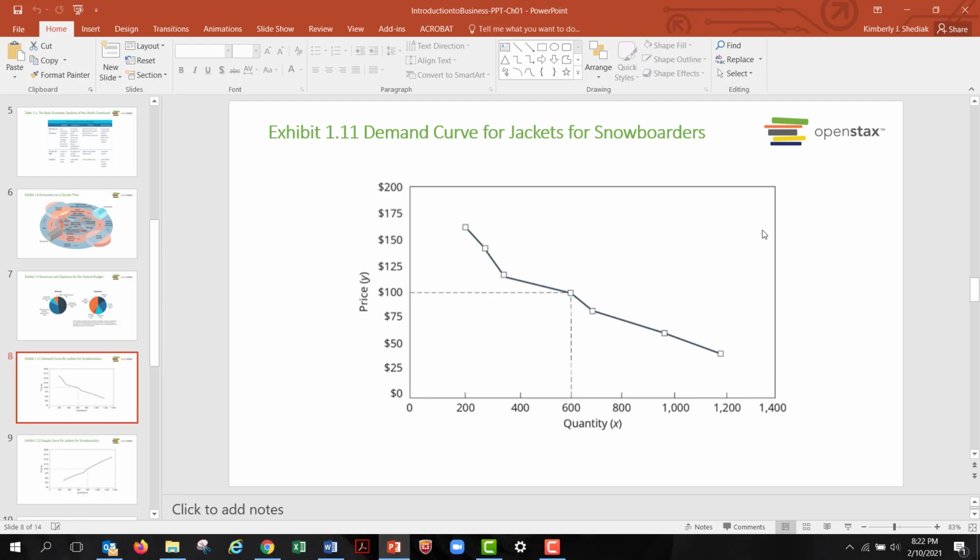So the higher that individual price of that item is, the less demand, right? So if that snowboard jacket is $175, it will have less demand than if that snowboard jacket is $50 or $25. So this is an example of what that demand curve looks like.